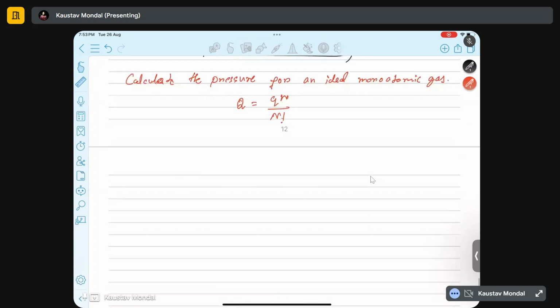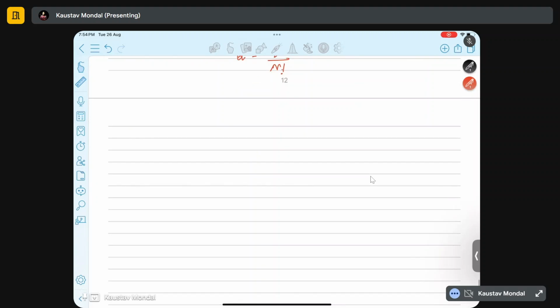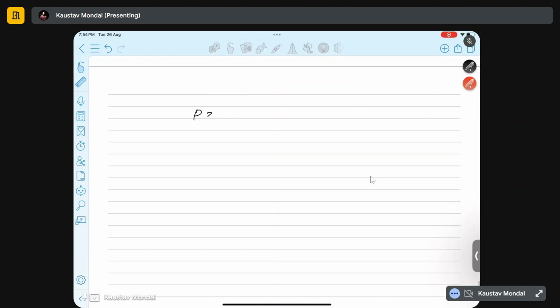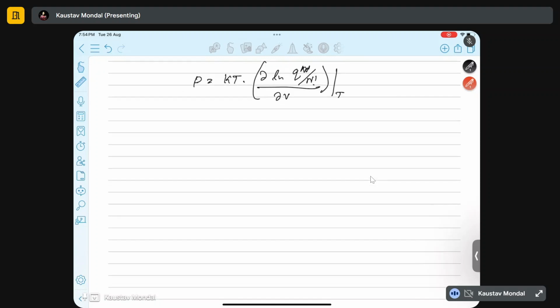Now if you substitute Q here, P would become kT into delta of ln of q to the power N by N factorial by delta V at constant temperature. That gives N ln q derivative with respect to V at constant temperature, minus kT times the derivative of ln N factorial with respect to V at constant temperature.